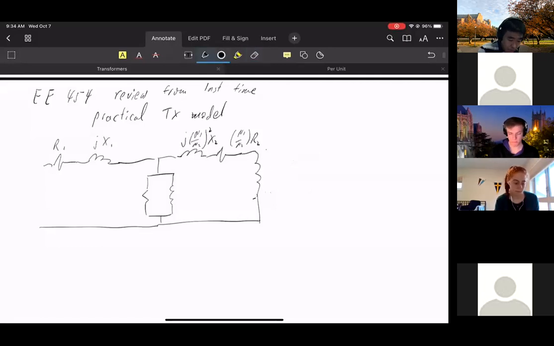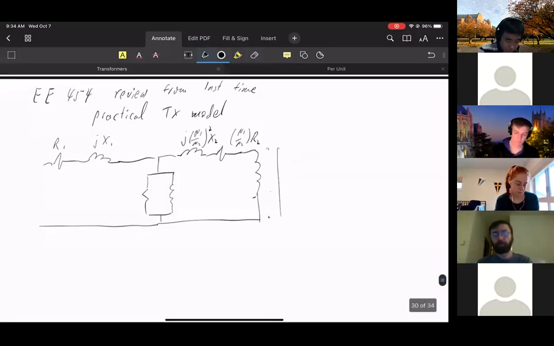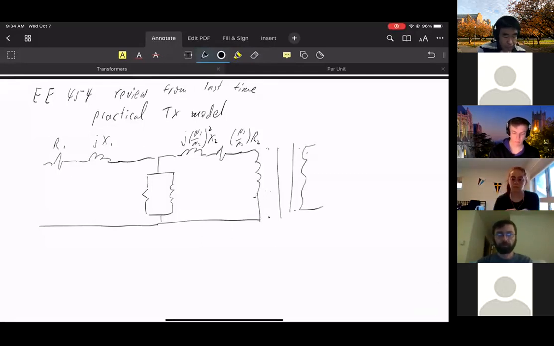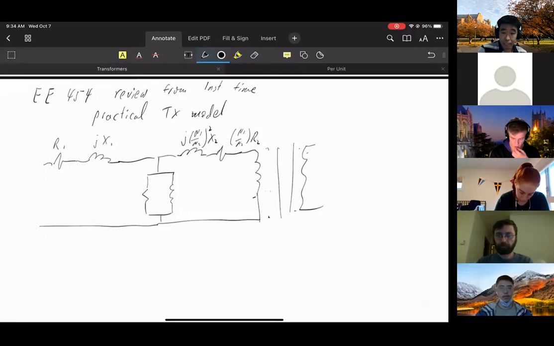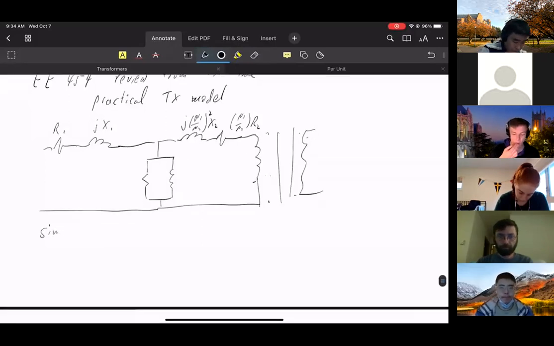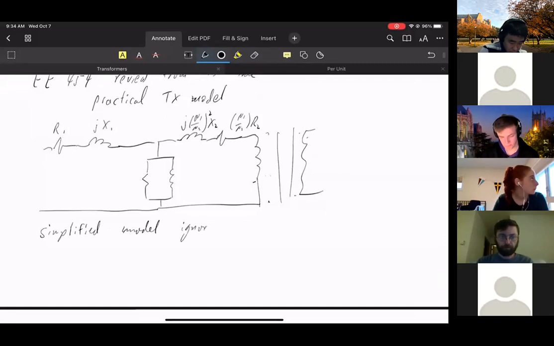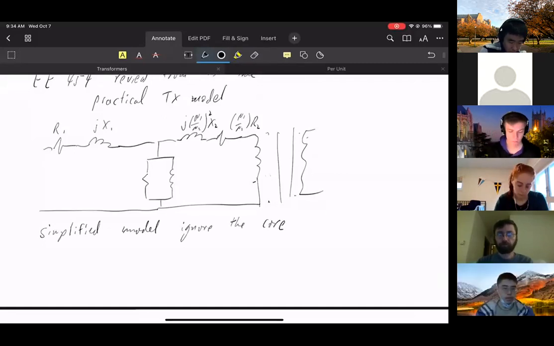Then there are several simplifications we can make to this full transformer model. The first is to get rid of the core elements, basically the shunt element.